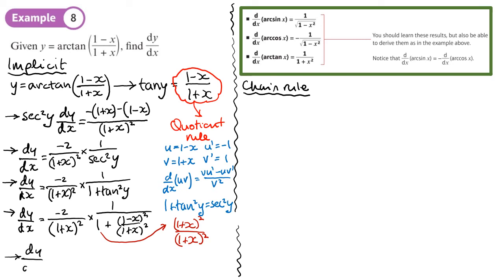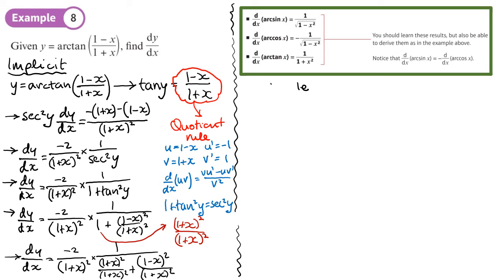So dy/dx is this minus 2 over (1 plus x) all squared times, it's going to look pretty messy, but we'll tidy up in a minute, 1, which is (1 plus x) all squared over (1 plus x) all squared, plus the bit that was there before, (1 minus x) squared over (1 plus x) squared. Right, I'll need a bit more space.